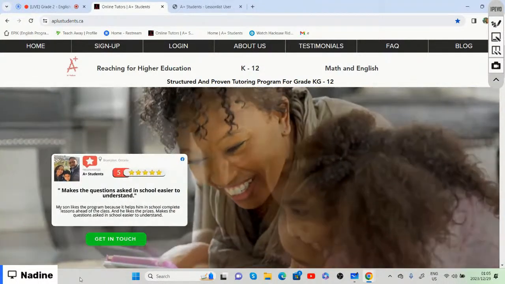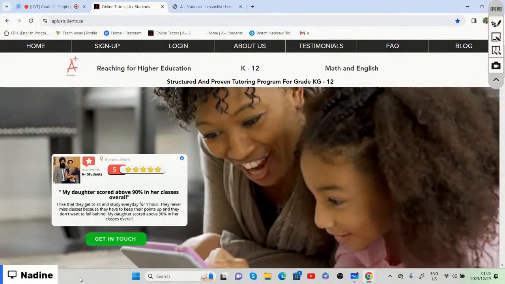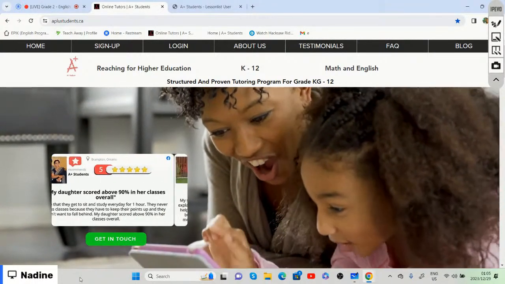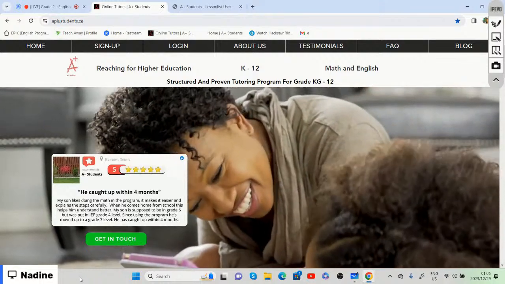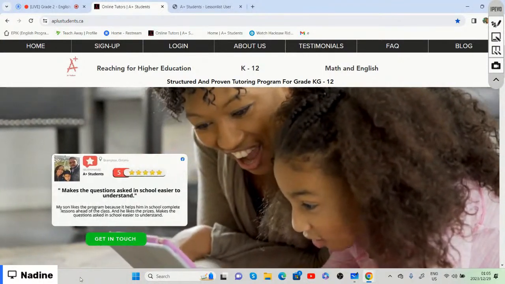Once we've selected the subject of language arts, grade 2, we're going to scroll down until we get to the chapter of alphabetical order.